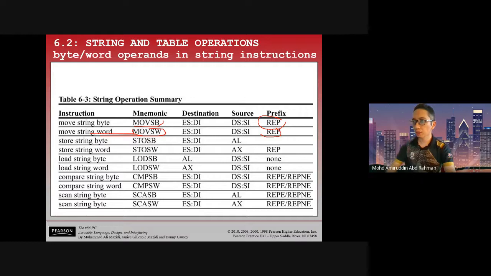This is in terms of forward, so it will be in terms of different registers. One is capable of accepting 16 bits of string, and the byte only accepts up to 8 bits of string. So you have the instructions move, store, load, compare, and scan.